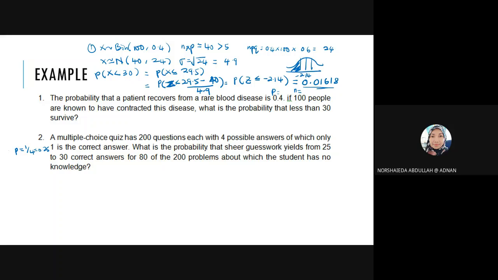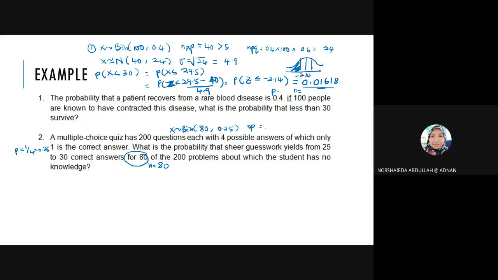What is the probability that she gets from 25 to 30 correct answers for 80 of the 200 problems? So n equals 80. From the 200 questions, we want to study just 80 of the questions. So the original distribution is binomial with n equal to 80 and p equal to 0.25.